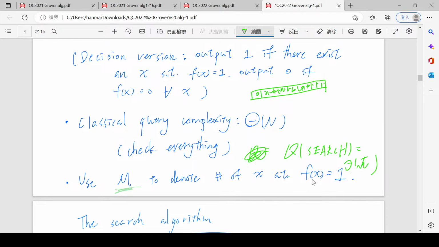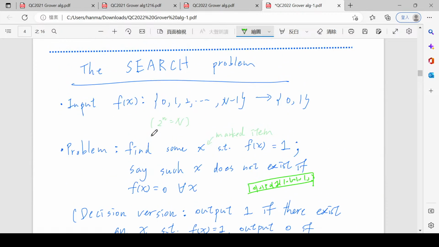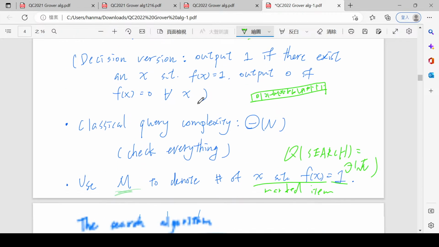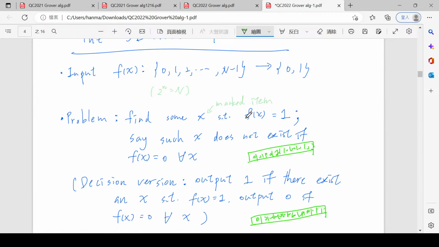And then there is the M notation, which is actually quite important. M is the number of x such that f of x equals 1. We also call these marked items. So M is the number of marked items. And why is this important? Because you can always feel that if M is larger, then this problem is easier.